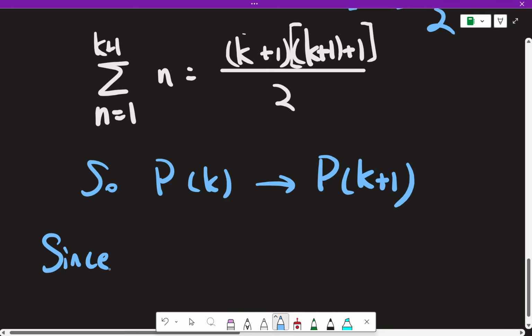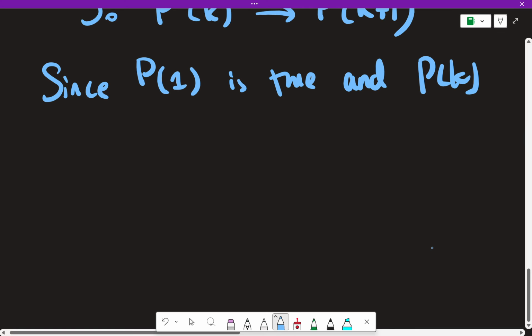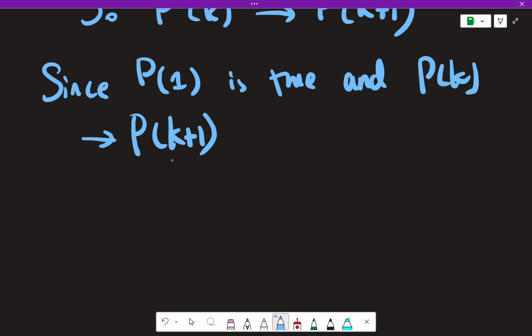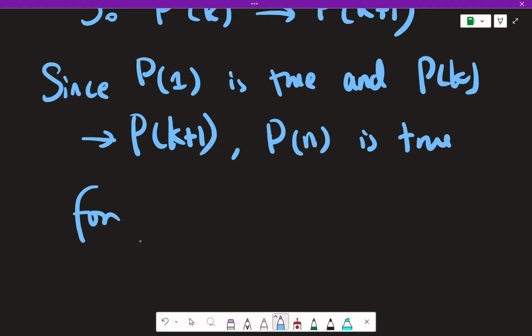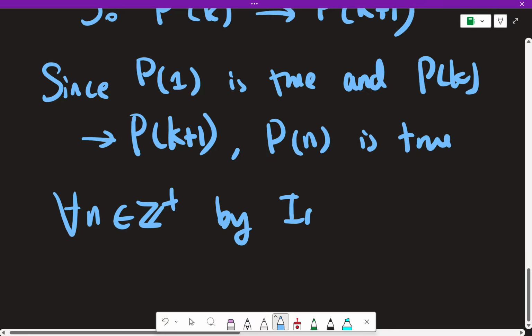Since P1 is true and any Pk implies Pk plus 1, which means P1 will imply P2, which will imply P3, and so on and so forth, Pn is true for all n that is a positive integer by mathematical induction.